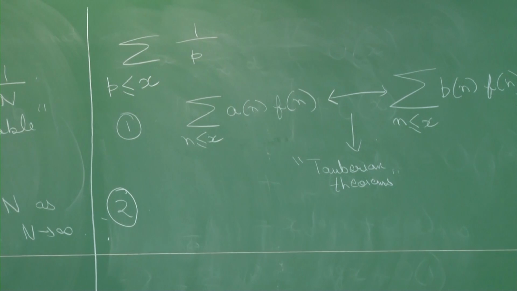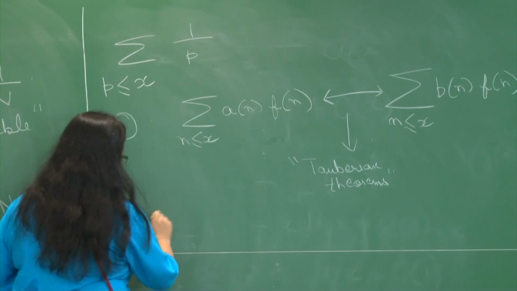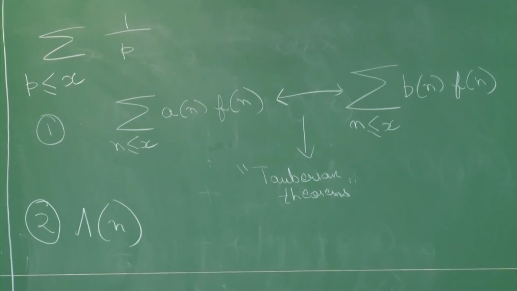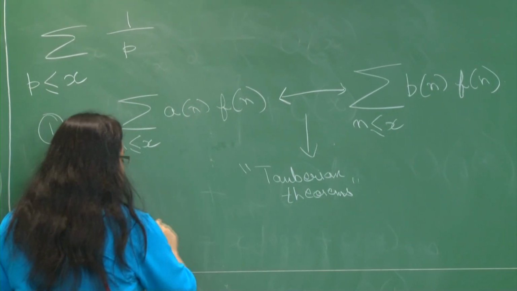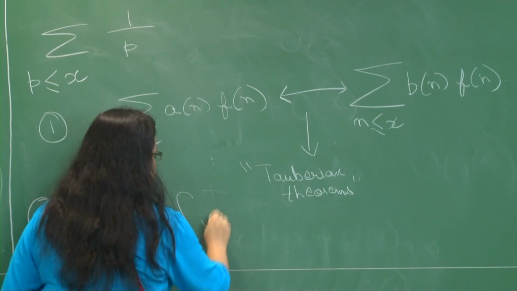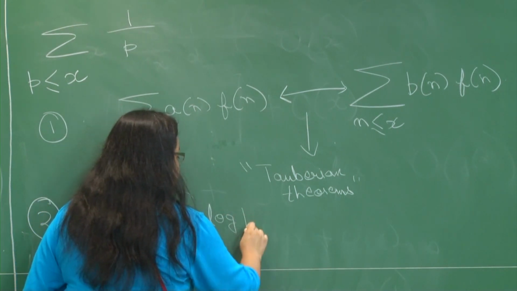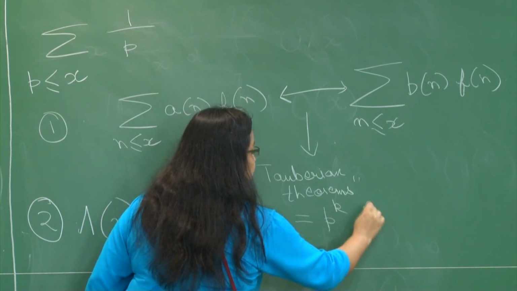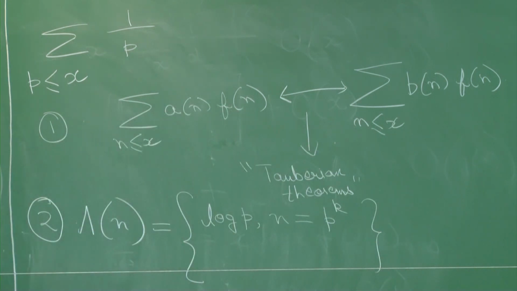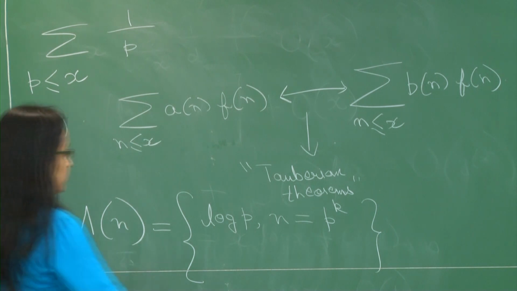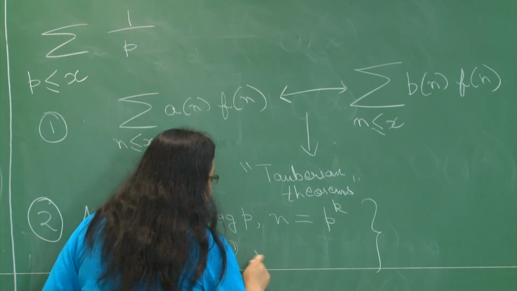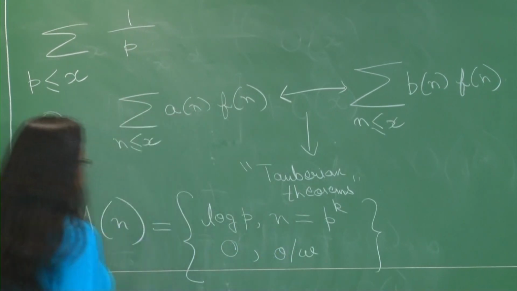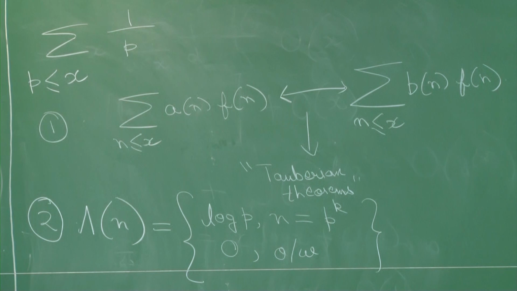Now, the other important thing we learnt last time, let us quickly recall this function lambda of n. This is log p if n is some prime power, any prime power, not just a prime. But if it is not a prime power, then this function takes the value 0.